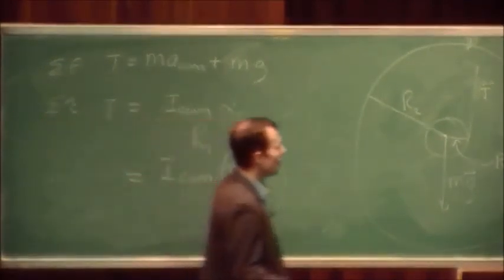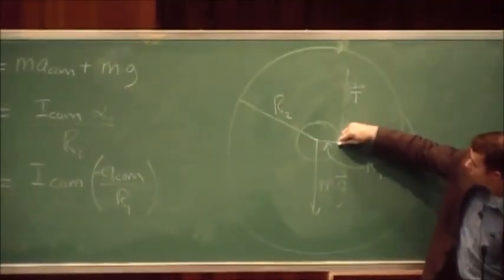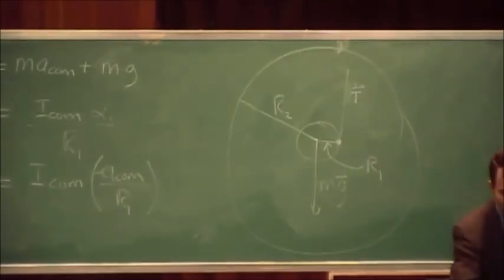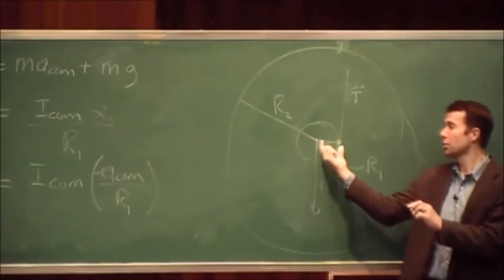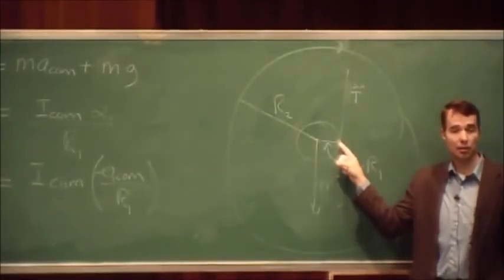Because if we think about it, what we're doing is we're rotating about this. This is the axis, if you can think about it for a moment. What we're doing is we're causing a rotation to occur about this point instantaneously. Right?